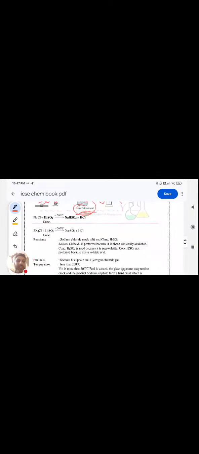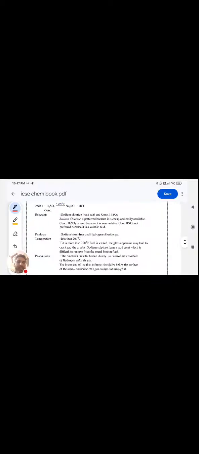Now in this gas jar, when we collect HCl gas, since HCl is heavier than air, it moves downwards, which will push the air upwards. So the method of collection of HCl gas is upward displacement of air.